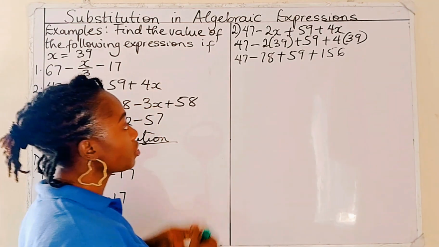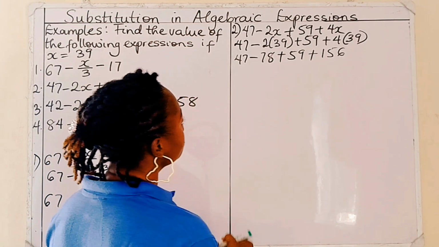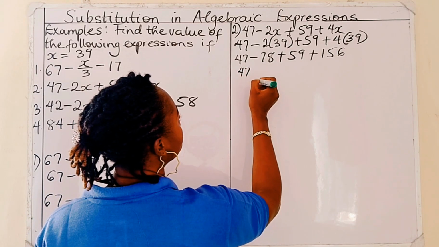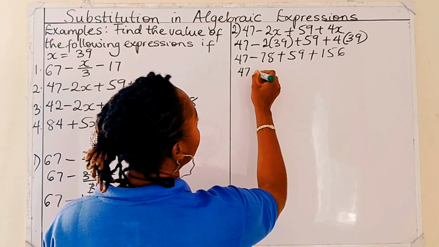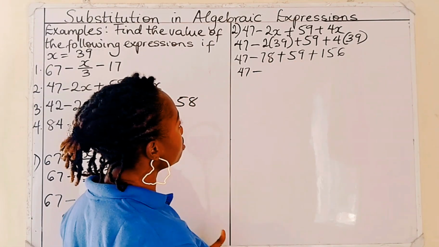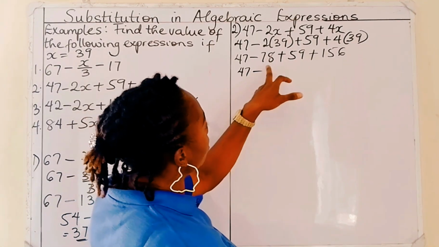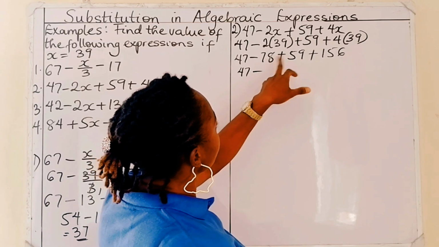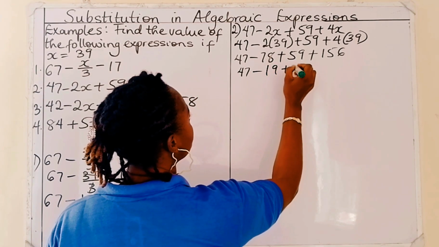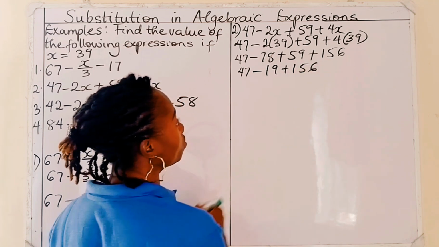So we're going to add them together. We have 47 minus 78 plus 59, which will give us minus 19, plus 156.